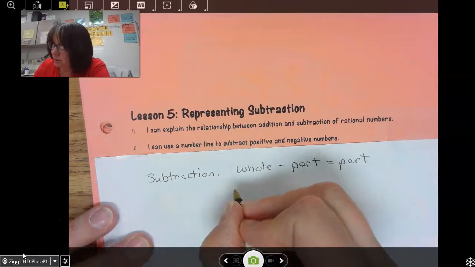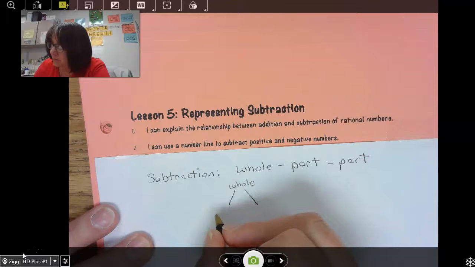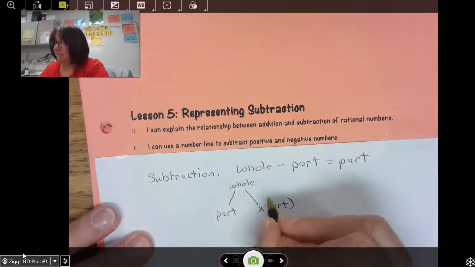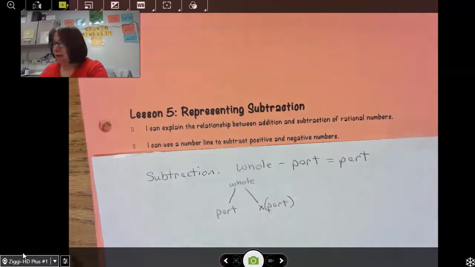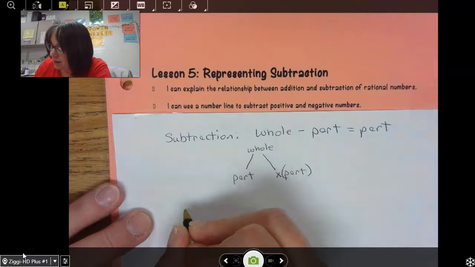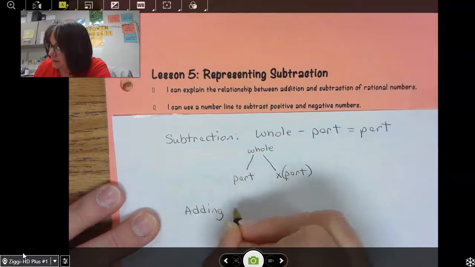Here's your whole at the top. Here's a part. We take away the part, we look for the other part that would be here. Okay, that's what subtraction is. We also found out today that subtraction is the same thing as adding the opposite.